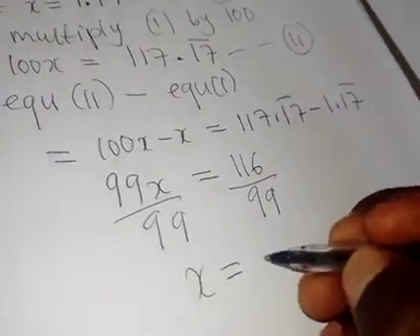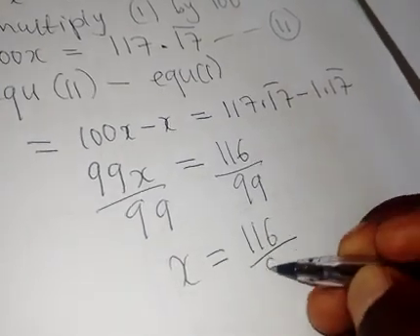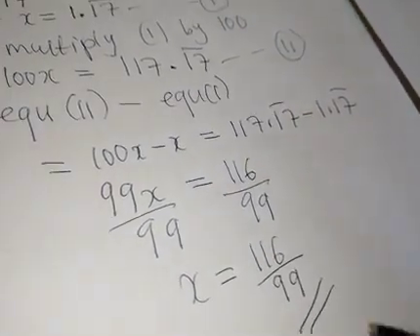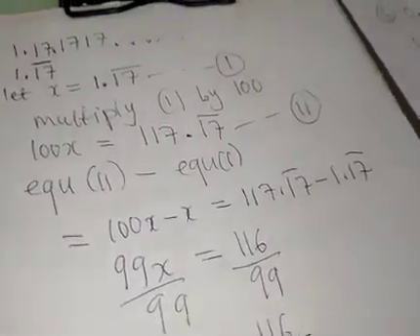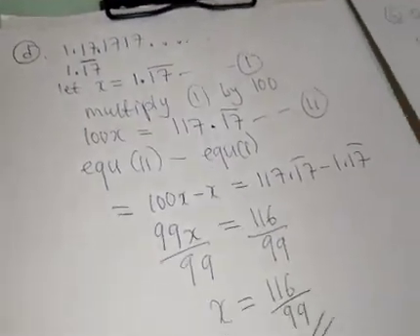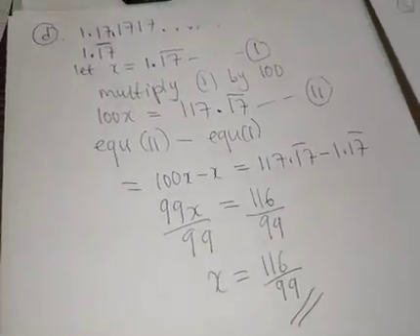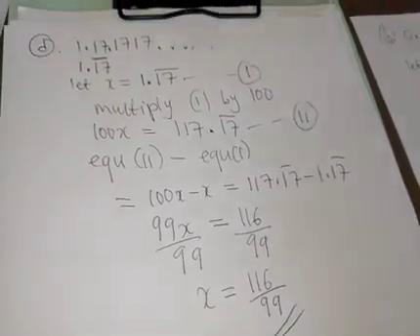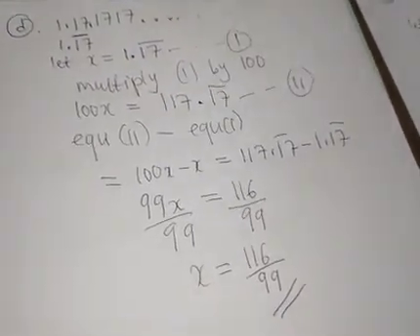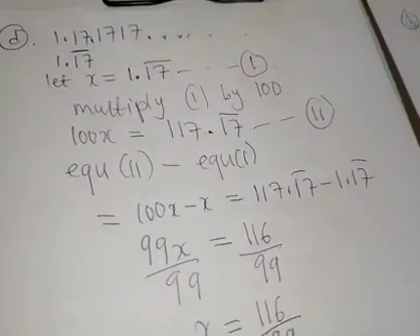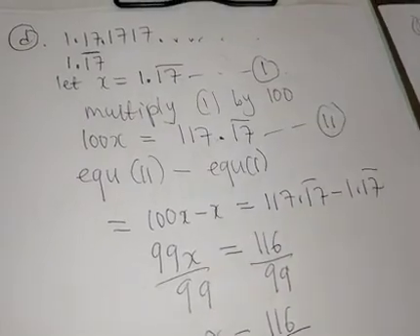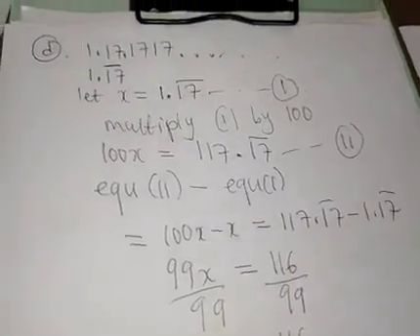Therefore x will be 116 over 99. So that's how you convert these repeating decimal numbers into fractions. So I hope you have gotten the concept. Otherwise, you can just go through again, rewatch the video, and you'll be able to get the concept clearly.